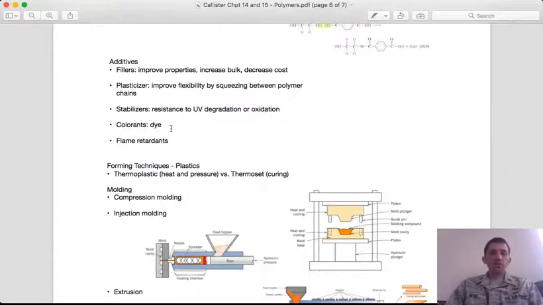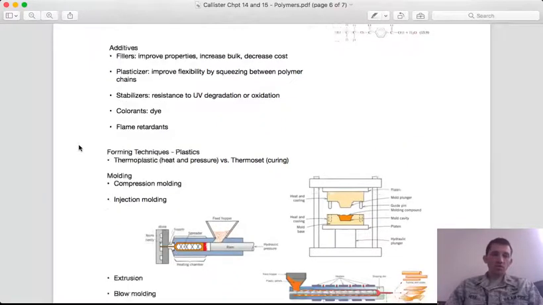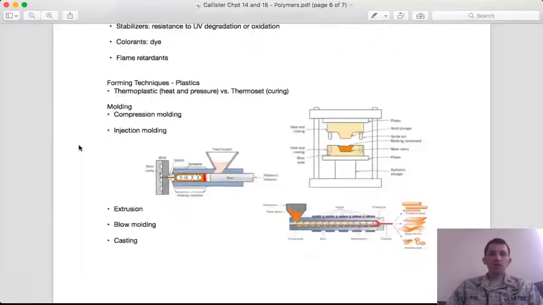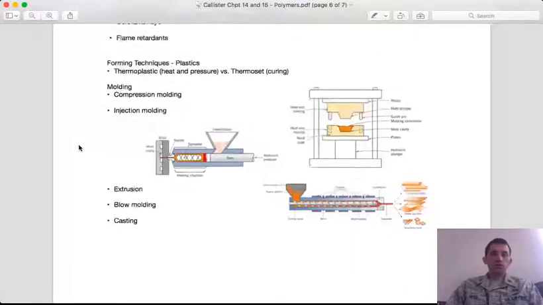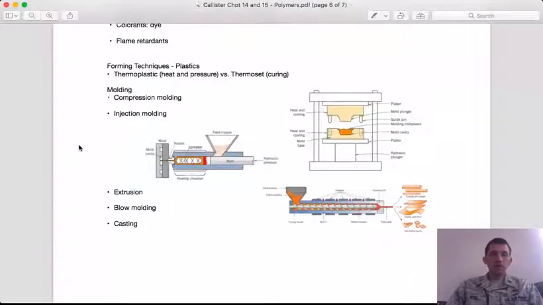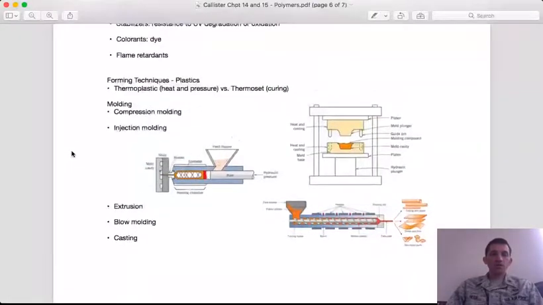Dye colorants would just be molecules that are not part of the polymer but just disperse and give it color. And then also flame retardants would be, say, molecules that decompose under heat to reduce the flammability of the material.